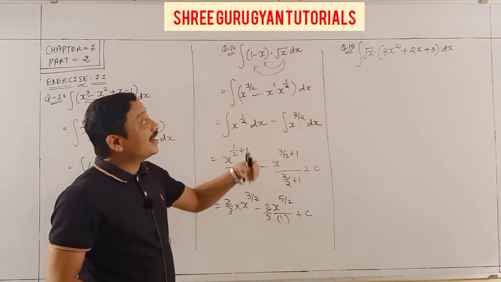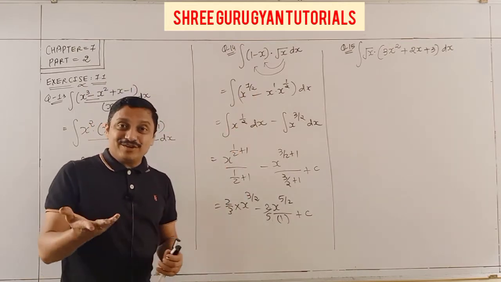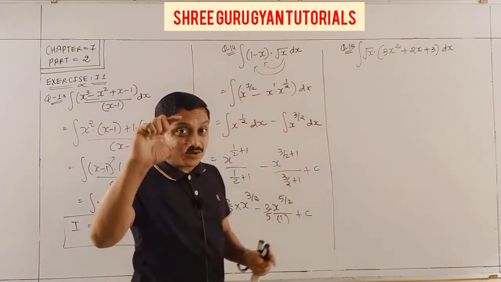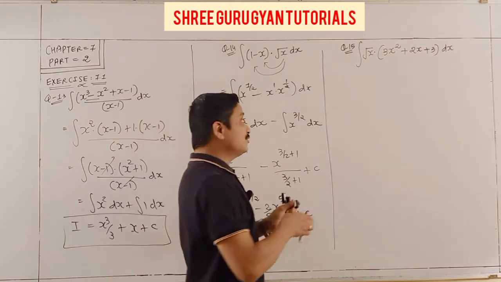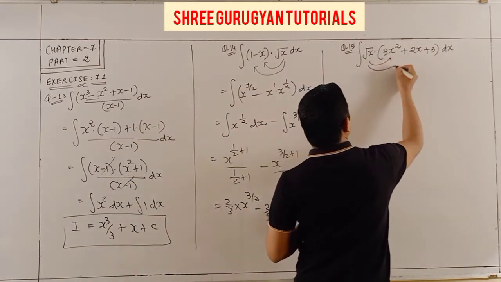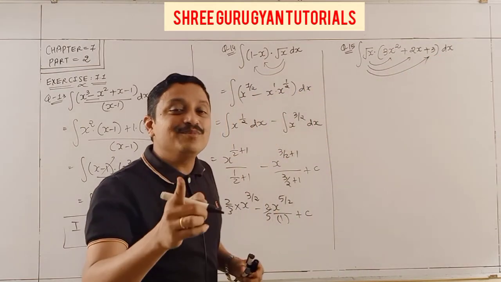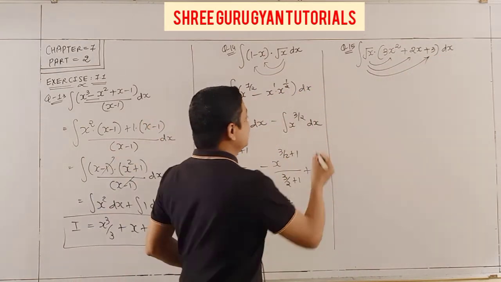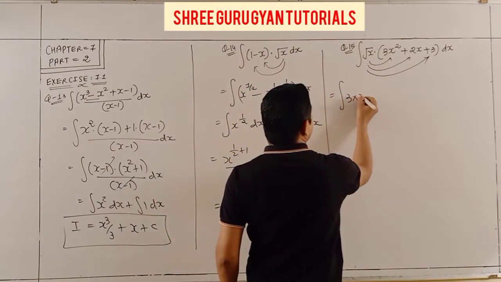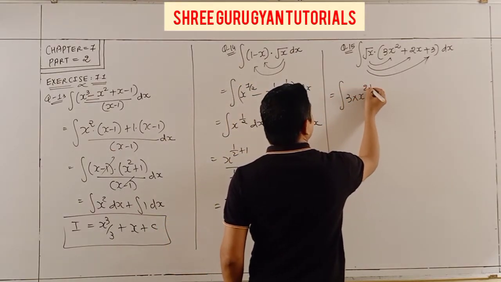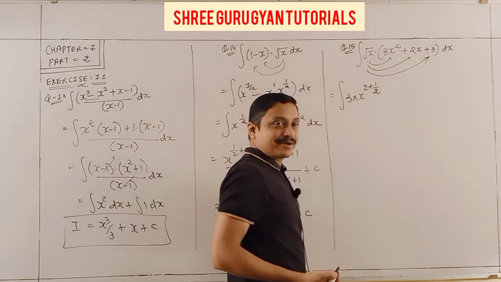Now question 15. Here root x means x raised to half power, and all the values I multiply one by one and try to remove the product. So my first value is 3 x raised to half with the square power.